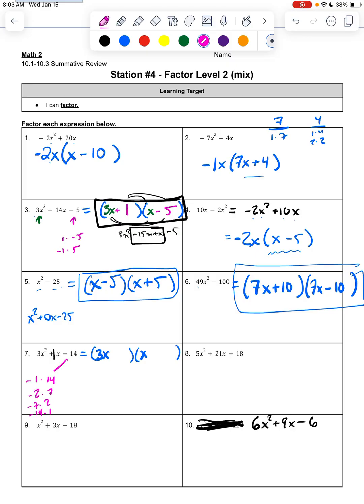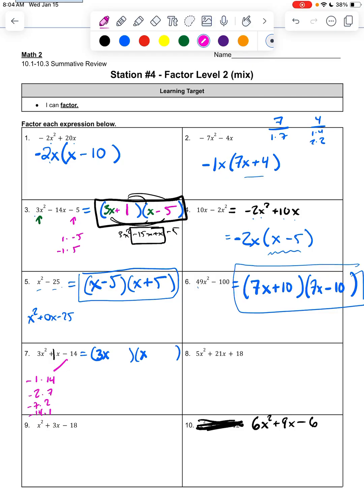Which combination of those is going to get us a positive 1x in the end? You may have to try multiple different solutions until you find the one that actually works when you multiply it back out.